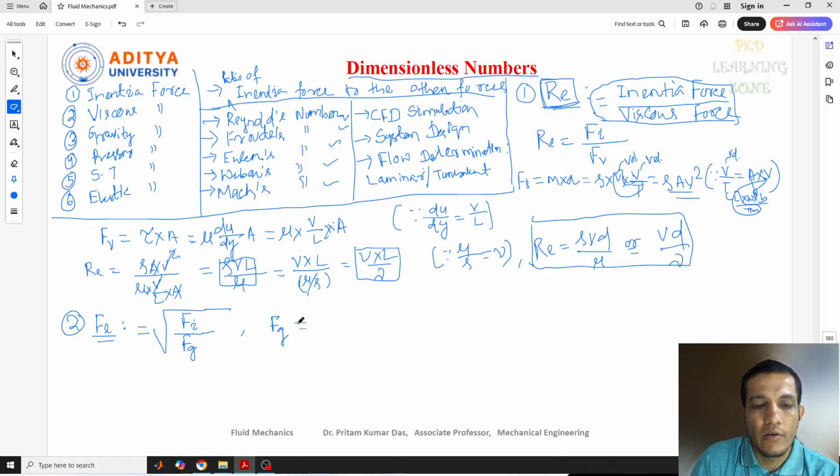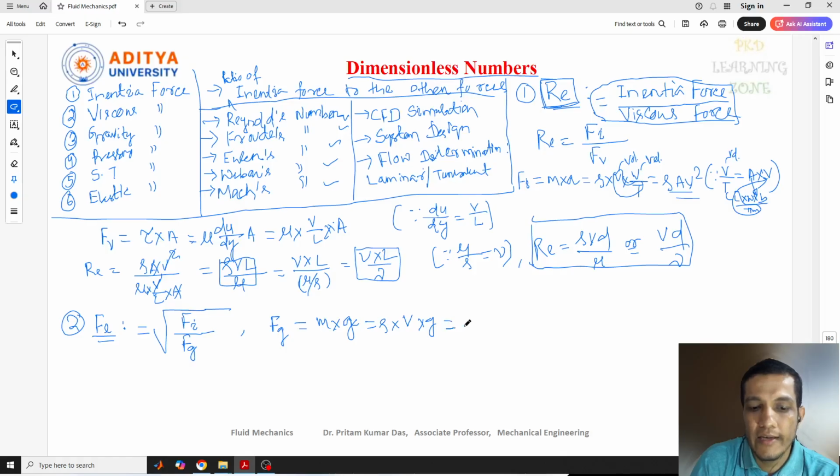The force due to gravity is mass into acceleration due to gravity, g. In place of mass, we can write density into volume, because density equals mass by volume, and into g.